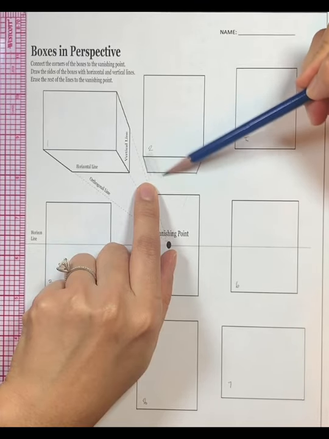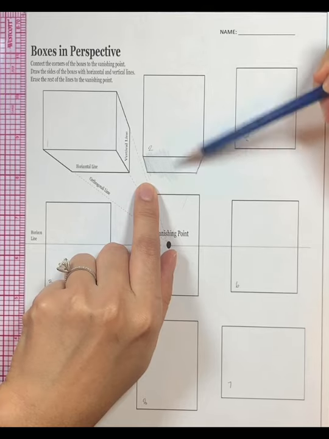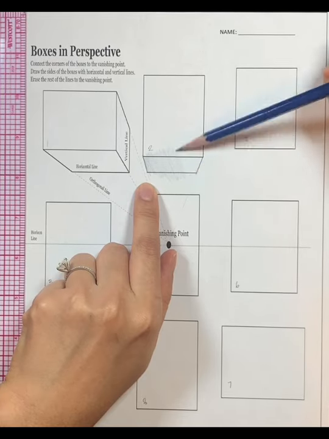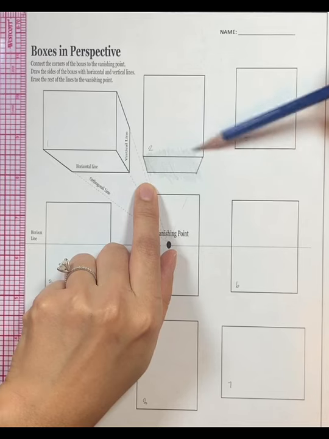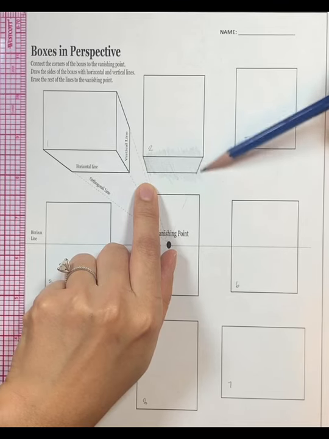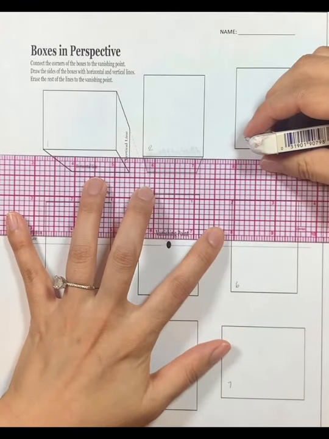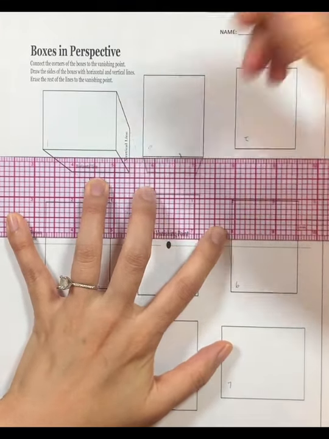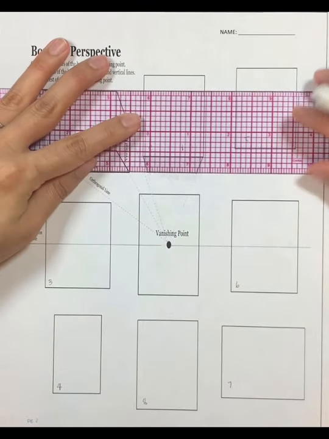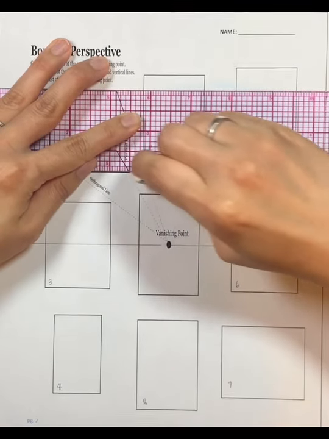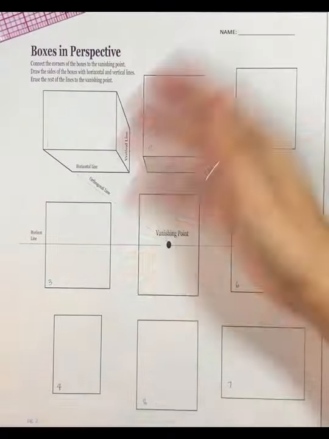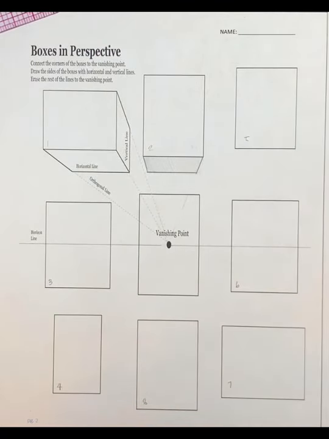And it's okay for you to go outside the box. I actually prefer that so you cover the whole surface very lightly. Notice I'm holding my pencil far from the lead so that I can control the lightness of the shade. And I'm just going to use my ruler and the eraser to have clean edges. And there we have our first box, number 2.